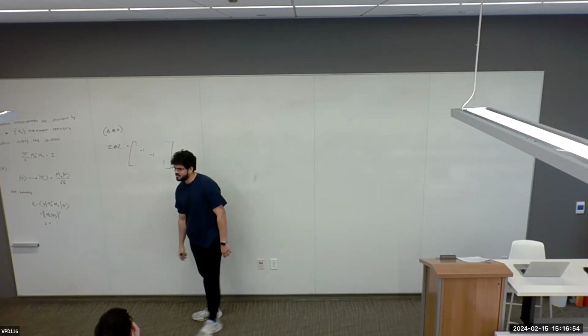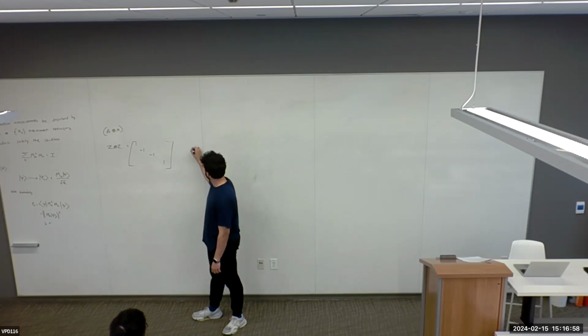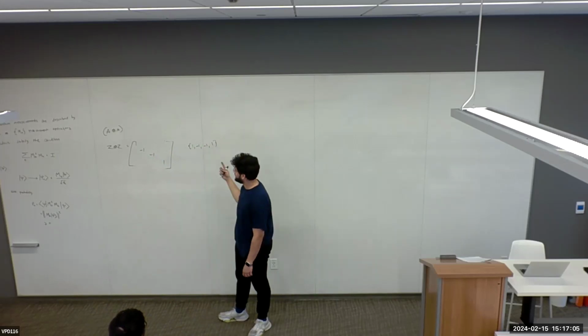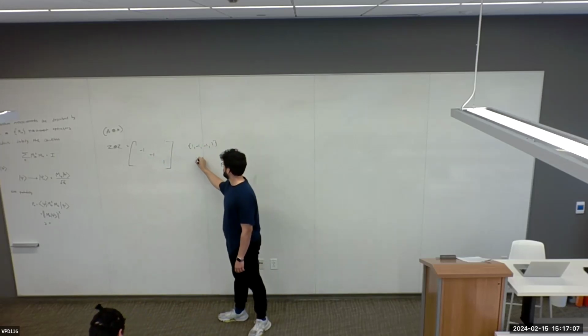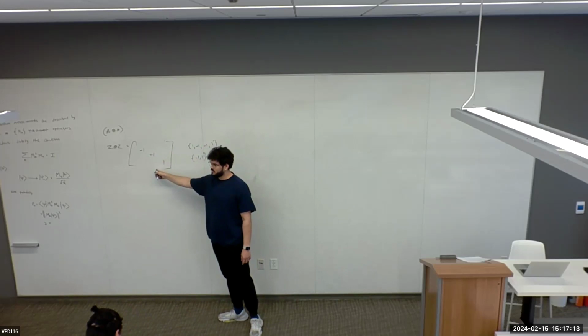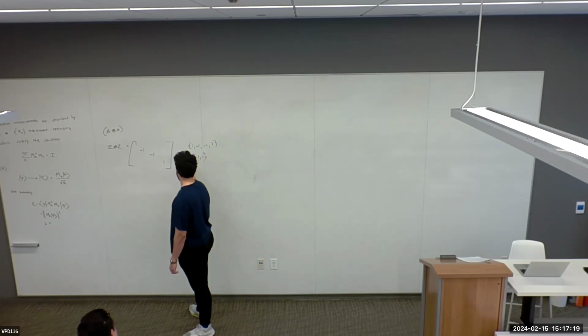What are its eigenvalues? 1, minus 1, minus 1, 1. It has 4 eigenvalues. But how many distinct eigenvalues does it have? Yeah, 1 and minus 1. So when you measure this, the possible outcomes you can have would be only 2.